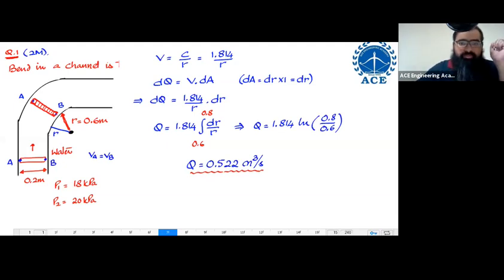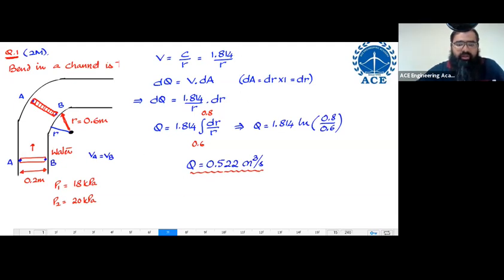And regarding the discharge per unit width, this is going to remain the same. The width actually means the width coming perpendicular to the screen.